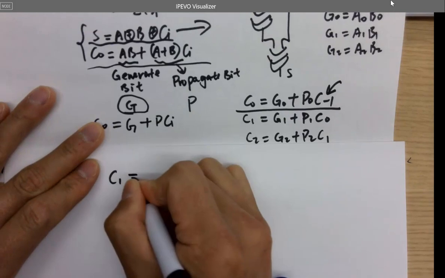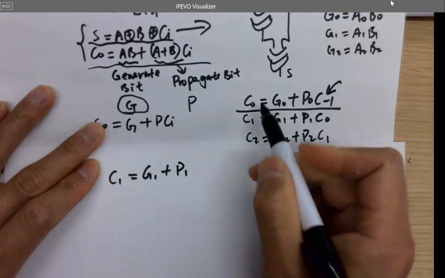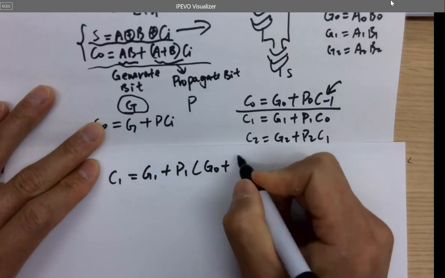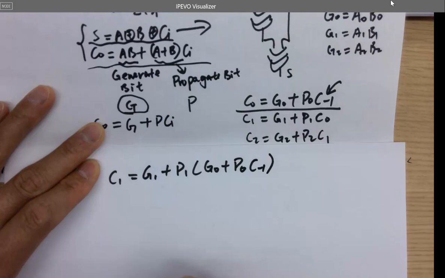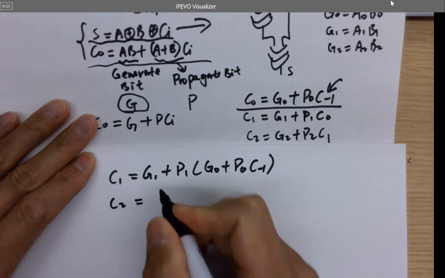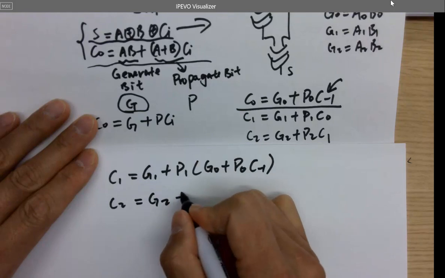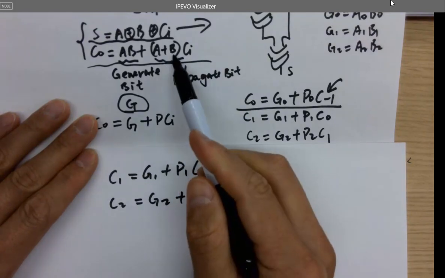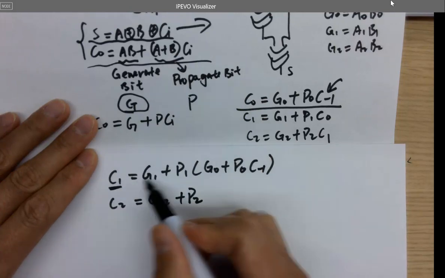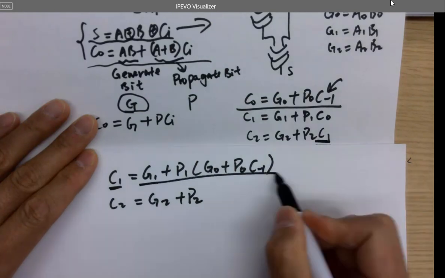But C1 can be rewritten as G1 or P1, and you just substitute C0 here, so it becomes G0 or P0 C minus 1. And C2 becomes G2, which is not changed because we know it's A2 and B2, or P2, which is A2 or B2. Then we substitute the C1 from here, so C1 now becomes this.